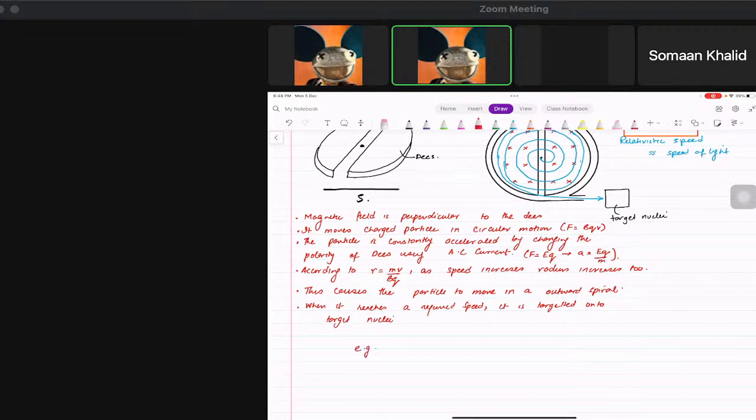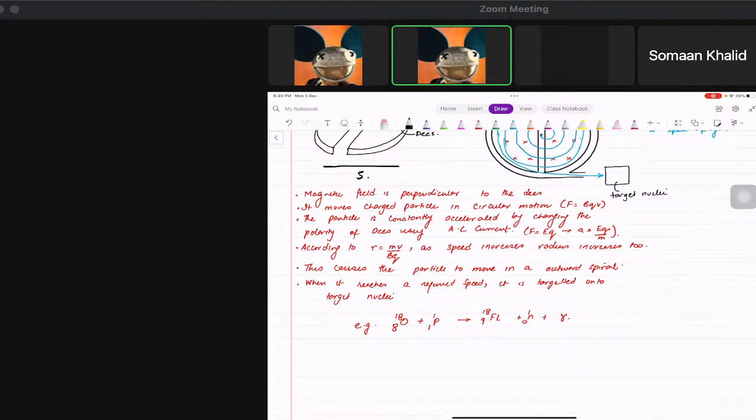For example, oxygen-18 is hit by this proton, which creates fluorine-18 plus 1 neutron and a gamma ray. There could be other traces as well, right?